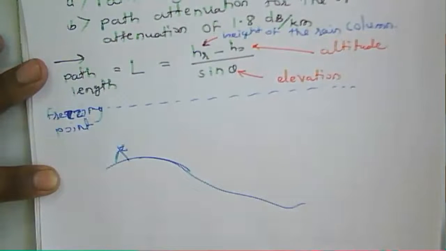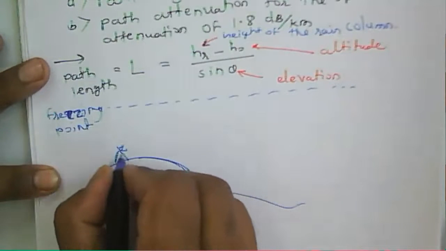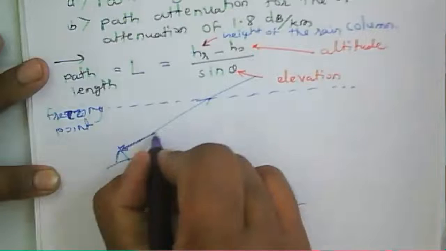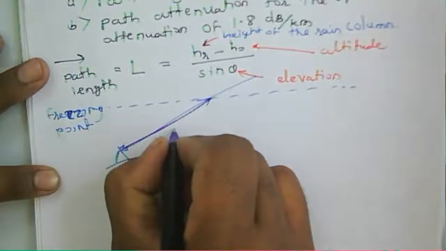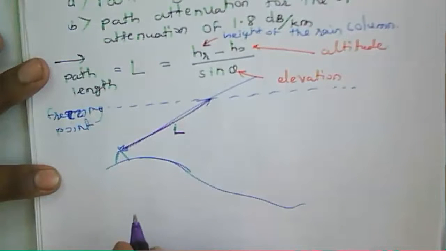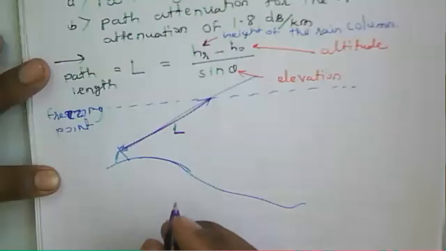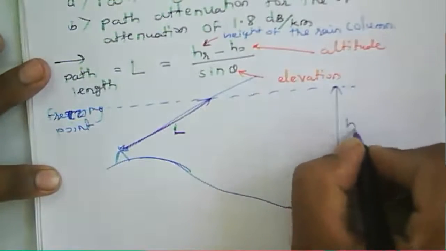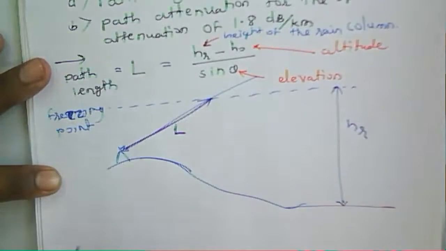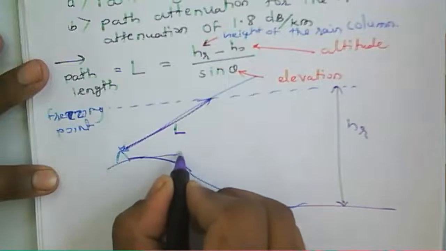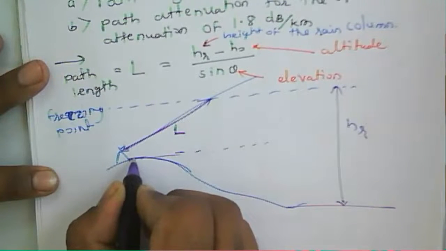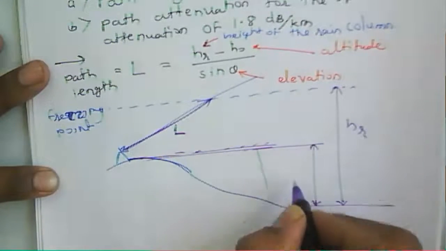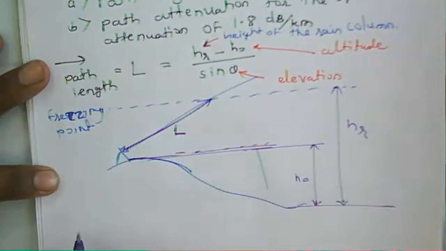The signal travels along a path, which is the effective length L. From the sea level to the freezing point is HR. The Earth station is located at some height with respect to sea level, that is H0.